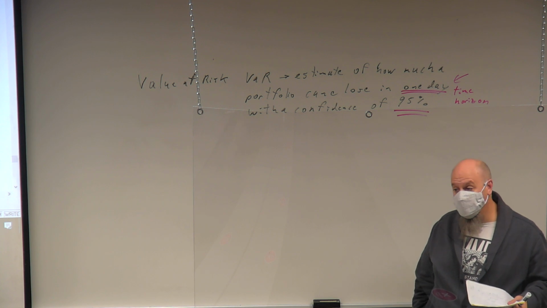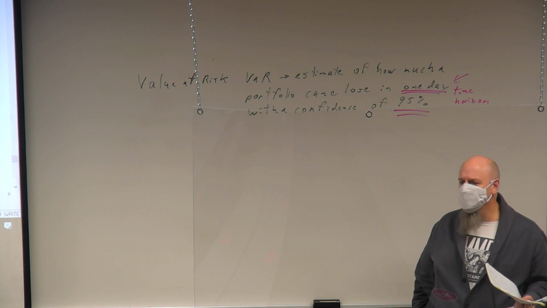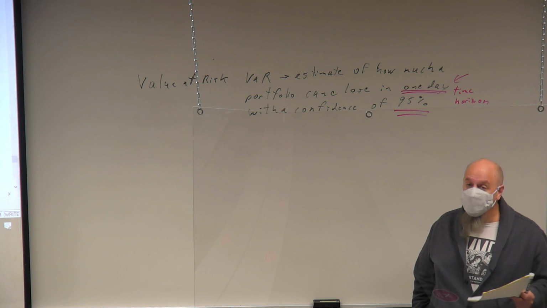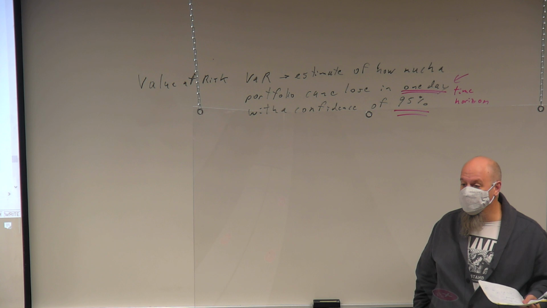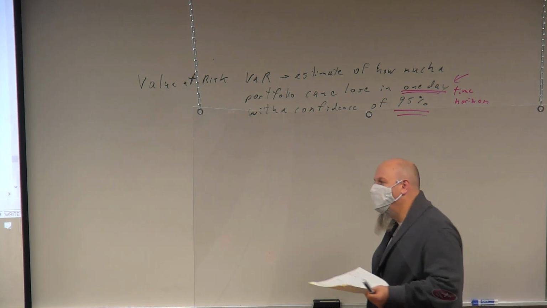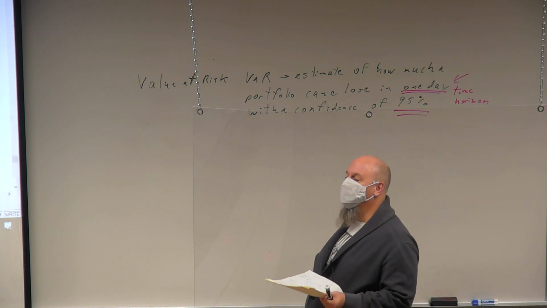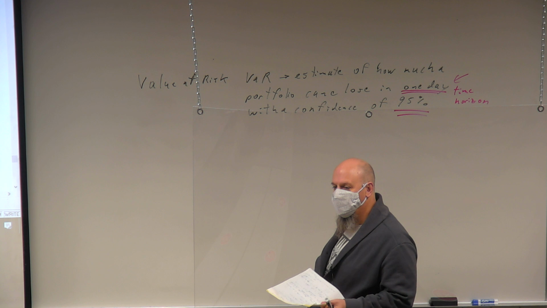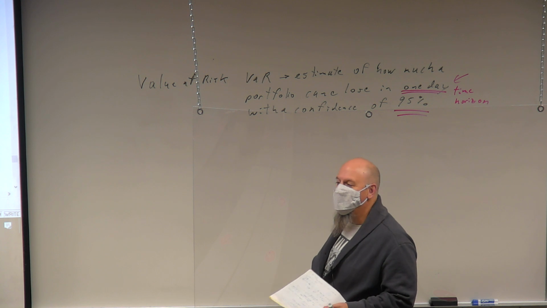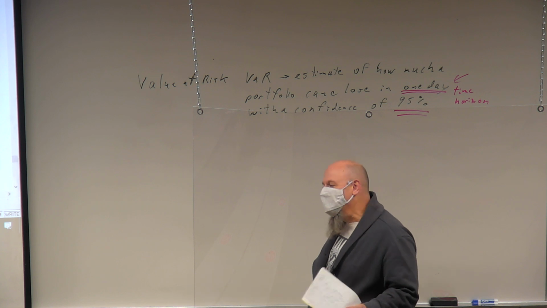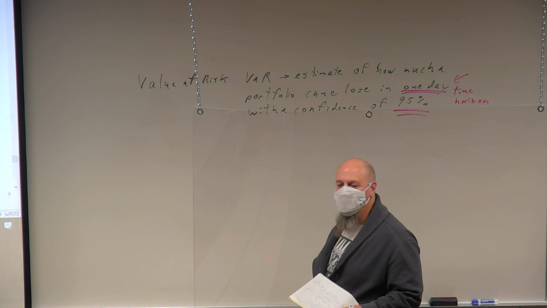That's 1 out of every 20 days. If you do business days, that's once a month you're going to be wrong. So it's a very rough calculation, but it's used as a quick way to backstop, right? So if someone says they're 95% sure that your portfolio is not going to lose more than $400, and you have an extra $400 kicking around your sock drawer or wherever you hide money, then you feel like, I'm okay, right? I can cover that.